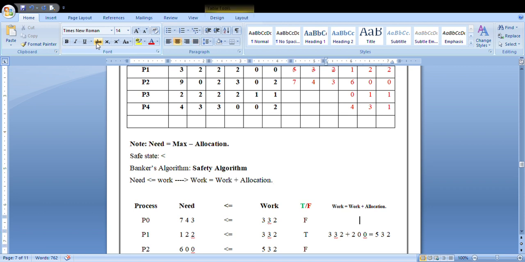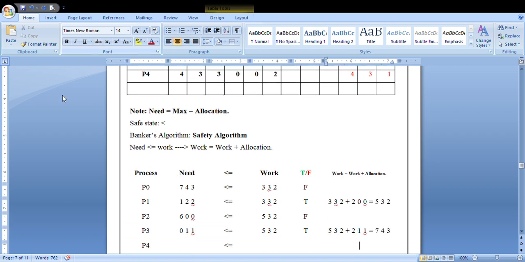Now for P4 process, what is the need value? 431. Just a second. Before that, whenever the need value is less than work, by that time you are considering that process is in a safe state.